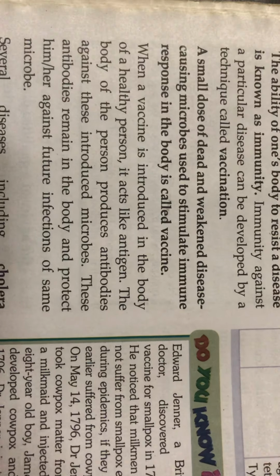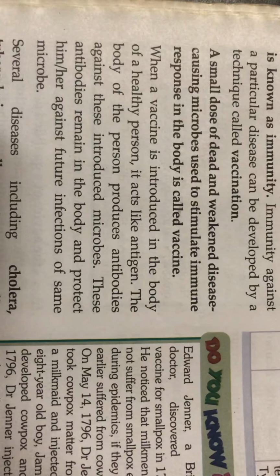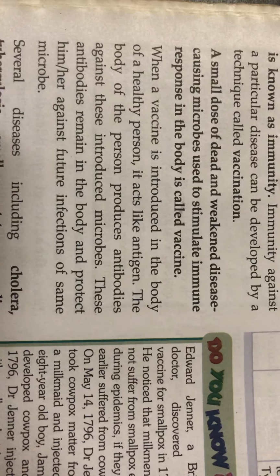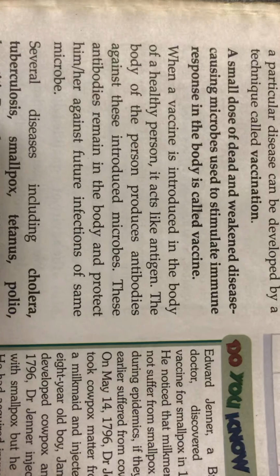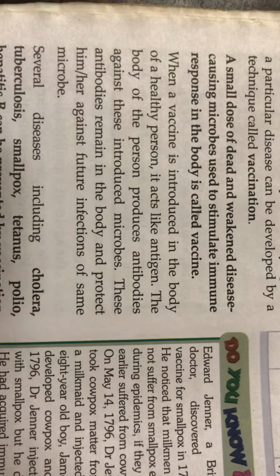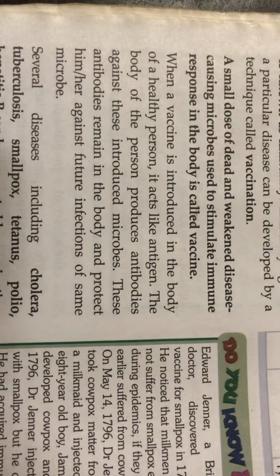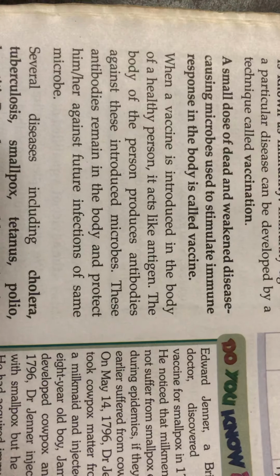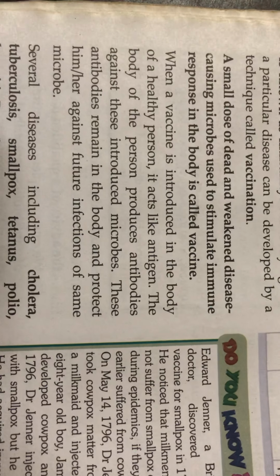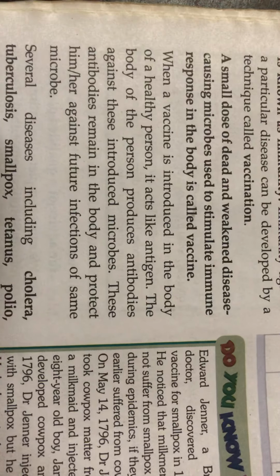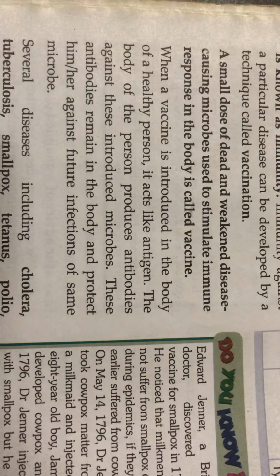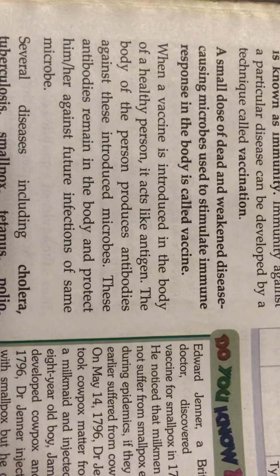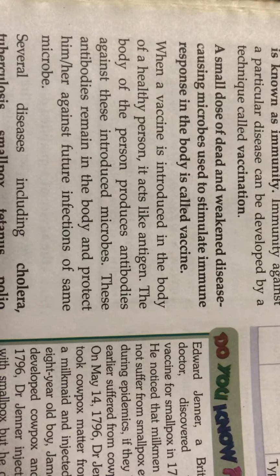The body of the person produces antibodies against these introduced microbes. These antibodies remain in the body and protect him or her against future infection by the same microbes. Once a person gets the vaccine for a particular disease, he or she will be protected in future against the same infection.